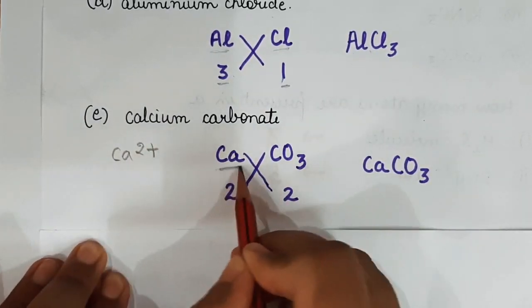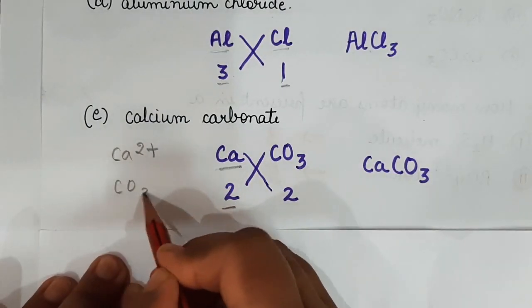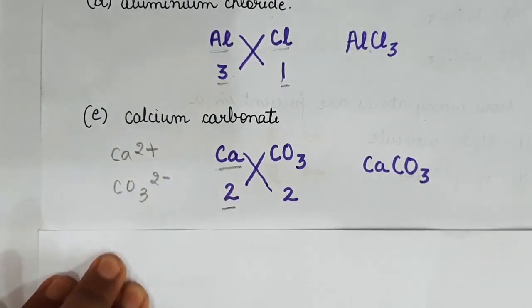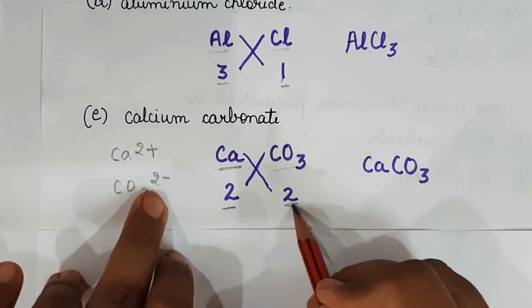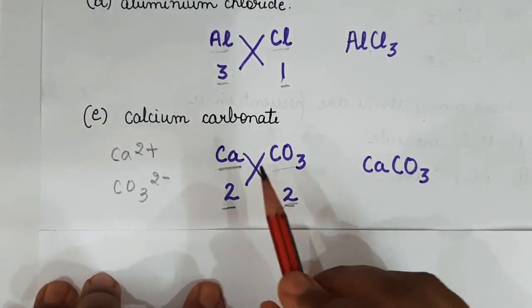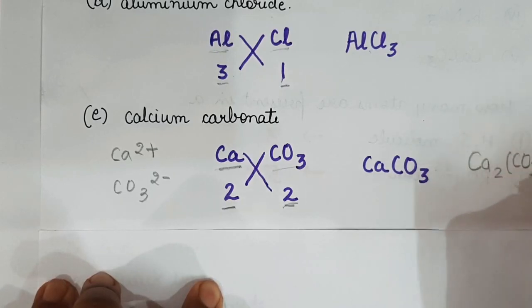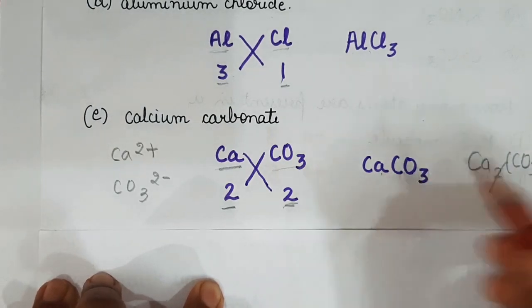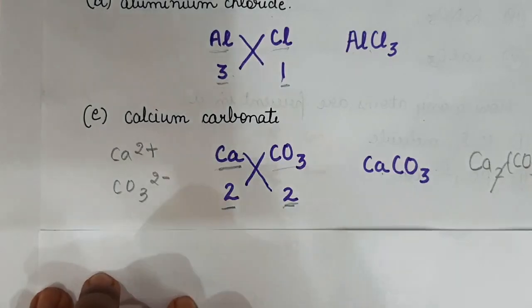So Ca is the symbol, 2 is the valency. Carbonate is CO3 di-negative. So CO3 is the symbol, valency is 2. So cross multiply, you will get Ca2, CO3, 2. 2 cancel with 2, CaCO3. So this was the answer of question number 4.